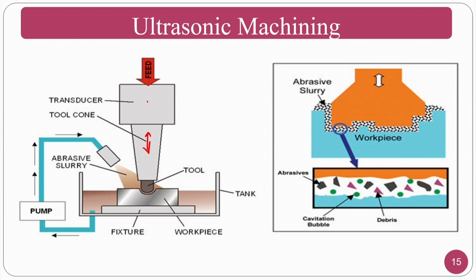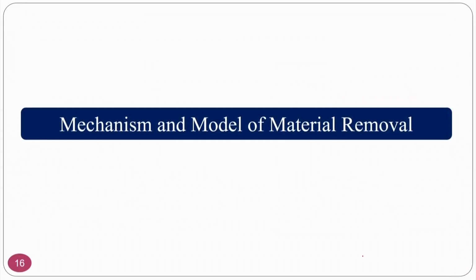And if you see the mechanism, this is the tool, and this is the workpiece. Okay, workpiece you can see here. So, the abrasive particles are hitting with the kinetic energy, and whatever the shape is there, that shape you can generate on the workpiece material. That means the converse shape of the tool will be generated on the workpiece surface.